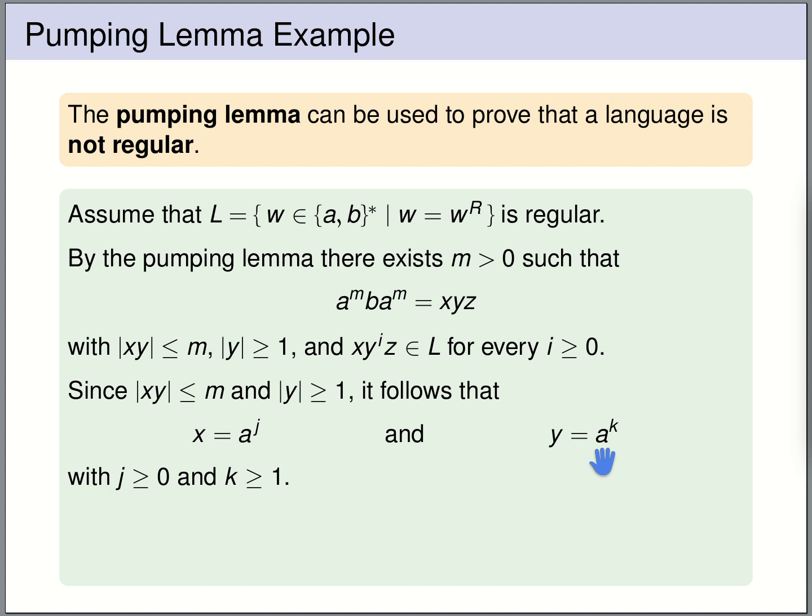Now what happens if we pump y? So for instance, if we pick i equal to 2, so we repeat y twice. We pick x, y, y, z.